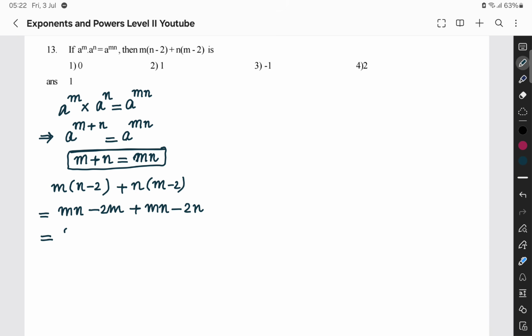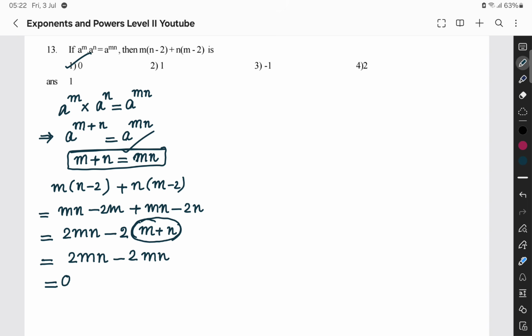So it's nothing but 2mn minus 2 of m plus n. In this place of m plus n, I can use mn. So it becomes 0. So the right answer is 1.